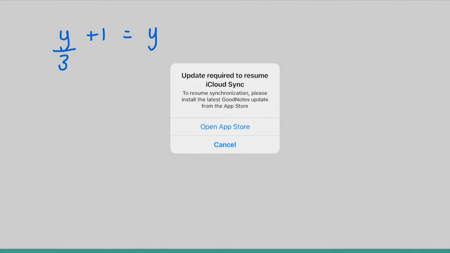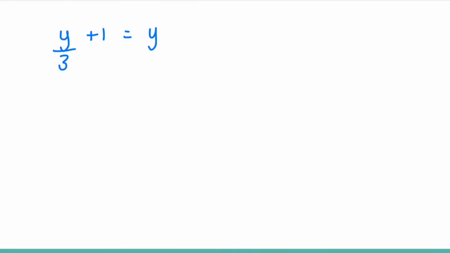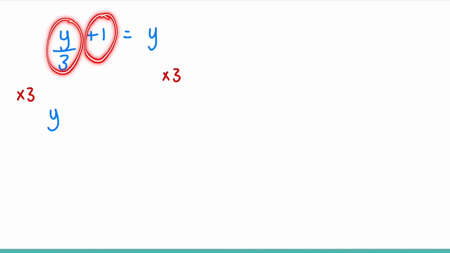We know that we need to get rid of the denominator first, so we're going to times by 3, and that gives me y. Now I need to remember to times every single term by 3, so that's this one, which gets rid of the fraction, this one, and this one. So I have 3 separate sections here, all to times by the 3.